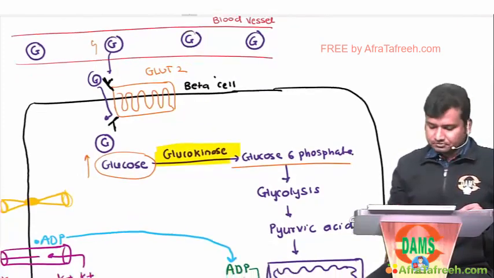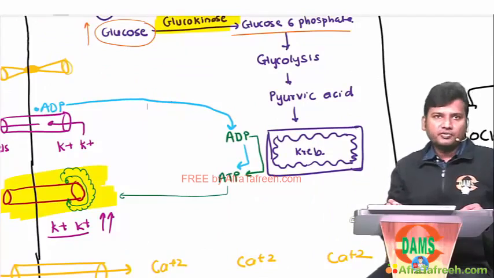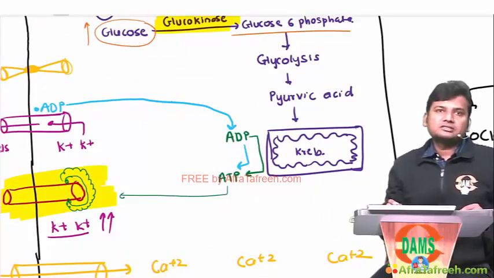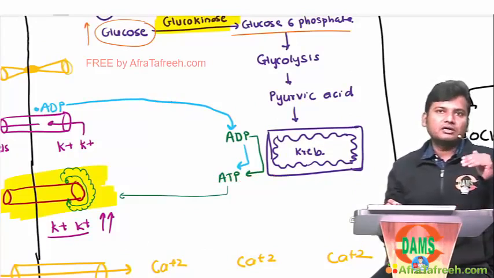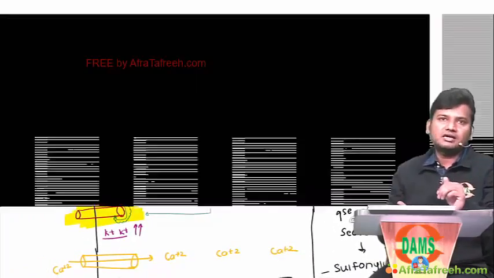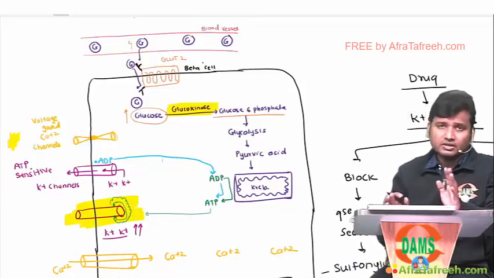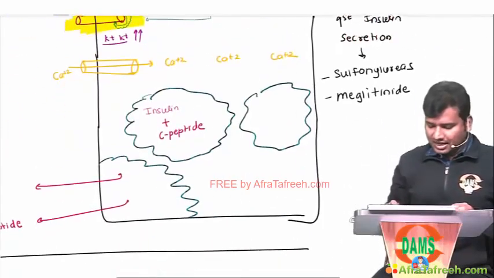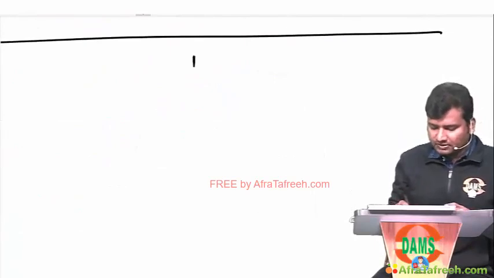Then glycolysis will decrease, synthesis of pyruvic acid will decrease, so synthesis of ATP will decrease and secretion of insulin will also decrease. So the patient will have hyperglycemia because of decreased insulin secretion, and it is because of a defect in the beta cell. It is called maturity onset diabetes of young, MODY.